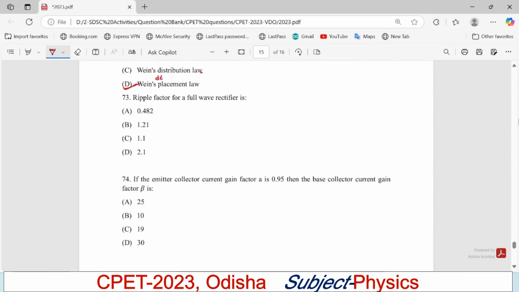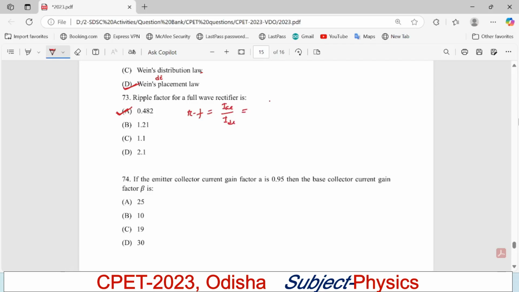Then question number 73. Ripple factor for a full wave rectifier is how much? The full wave rectifier ripple factor is nothing but 0.48. That we know. This is the correct answer. Okay, here I'm going to just recall for you. Ripple factor is nothing but I AC with respect to I DC.